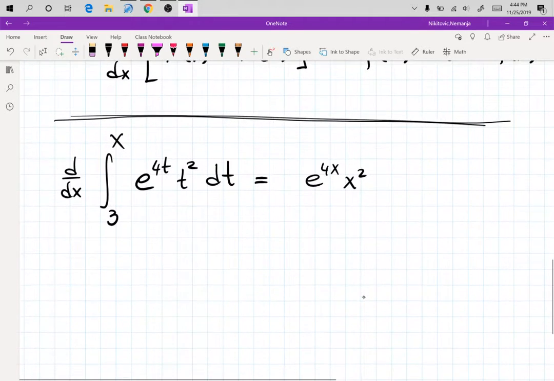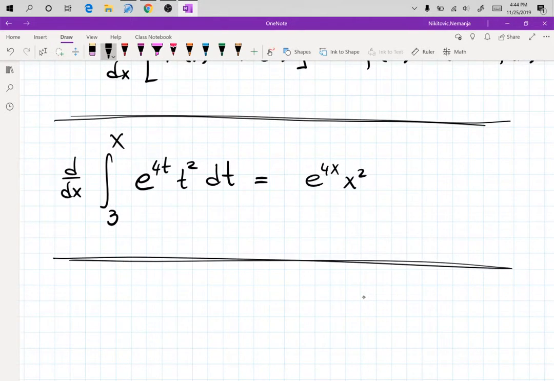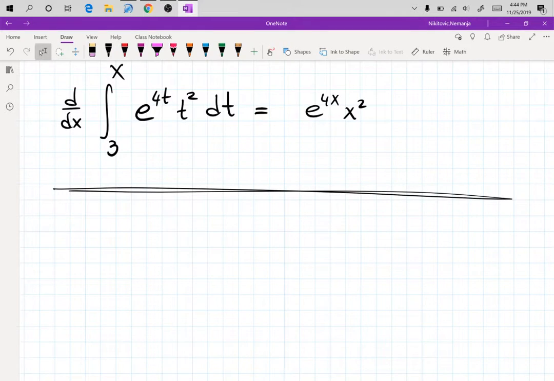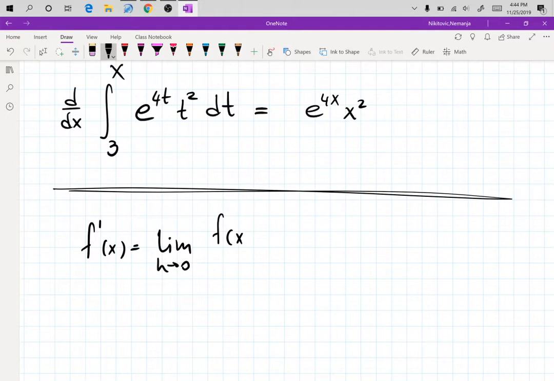Now to understand that, if you care, you can just write the limit definition of the derivative and the limit definition of the Riemann sum, which is the definite integral, and you will see how they are completely opposite. So f prime of x is written as the limit as h goes to 0 of f of x plus h minus f of x, divided by h.